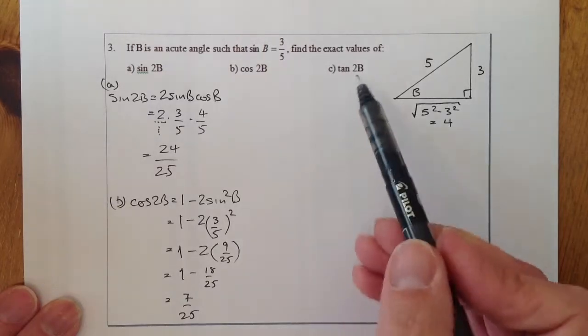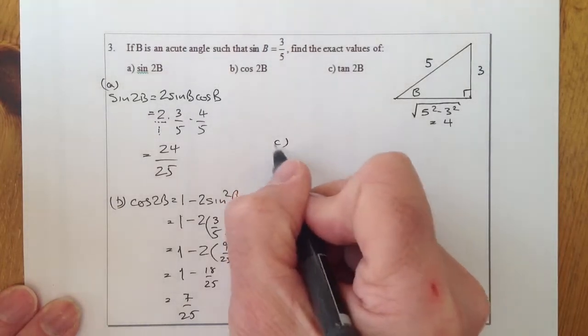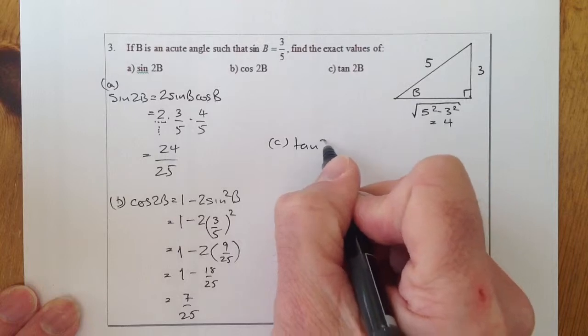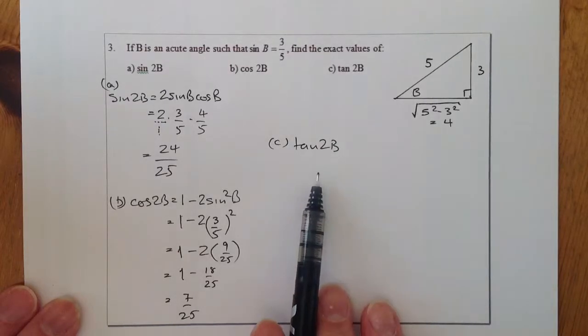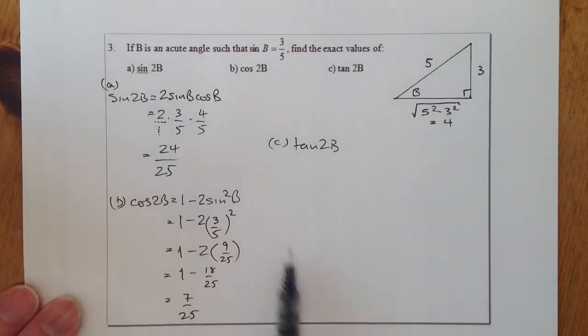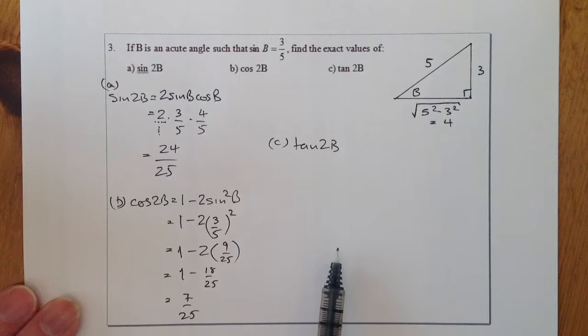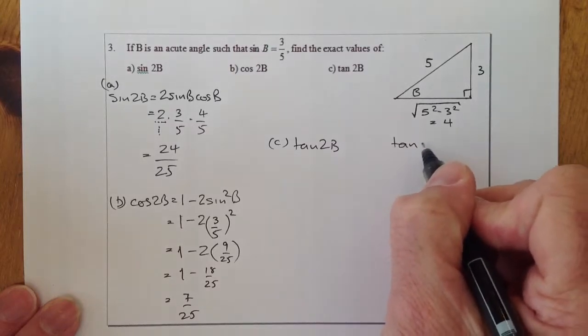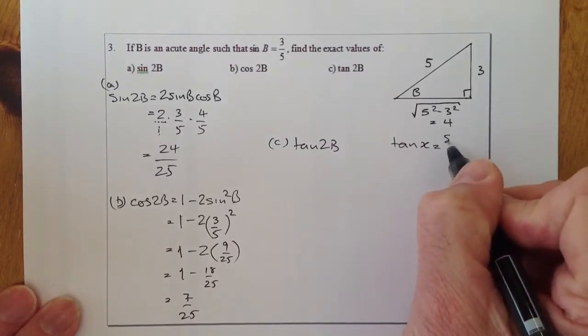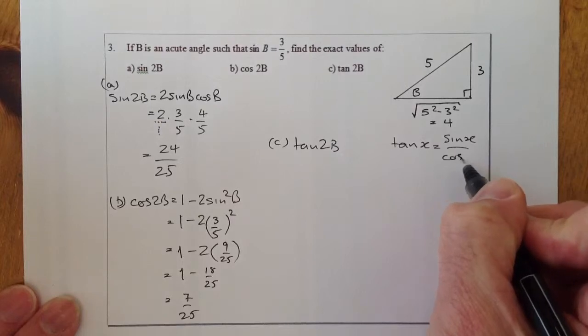Okay, we're now on to part C, where we're trying to work out what tan 2B is. I look at my formula sheet and unfortunately there isn't anything in there. I find that this is one of the areas where marks are lost in some of the exams. What I would do is go back to my standard grade, Int 2 or National 5 work, and remember that tan x is equal to sin x over cos x.